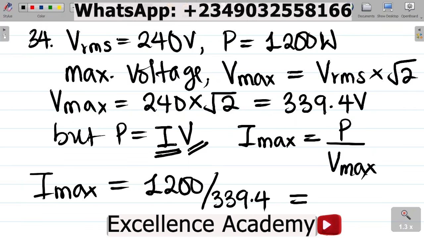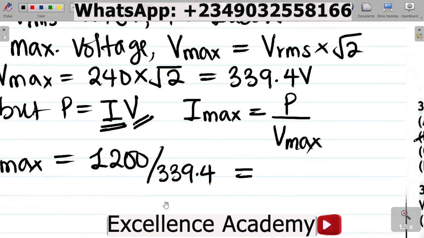If you punch this value in, you have approximately 3.54 amperes. This is the approximate value of I max. Now, in the question, we are asked to find the RMS value of the current.